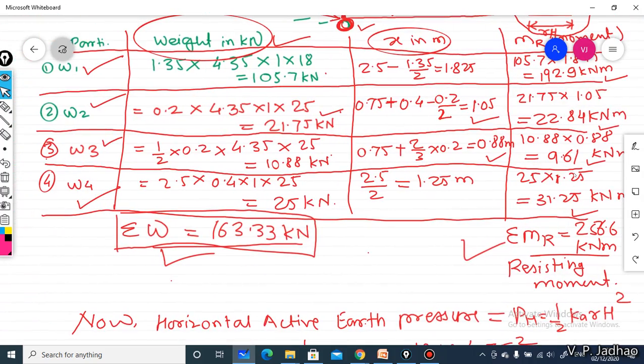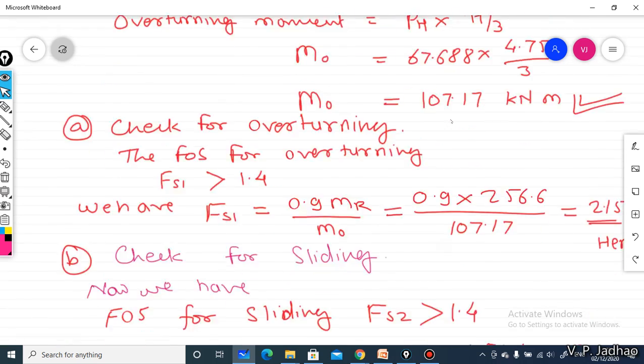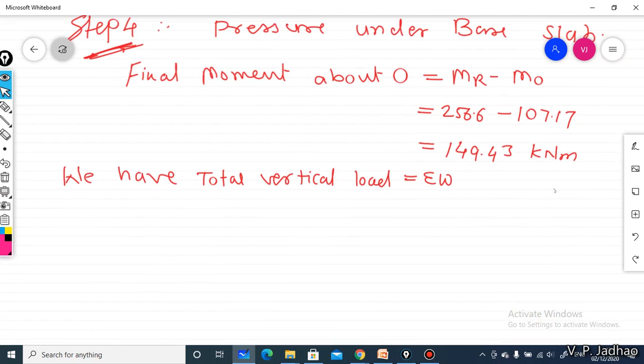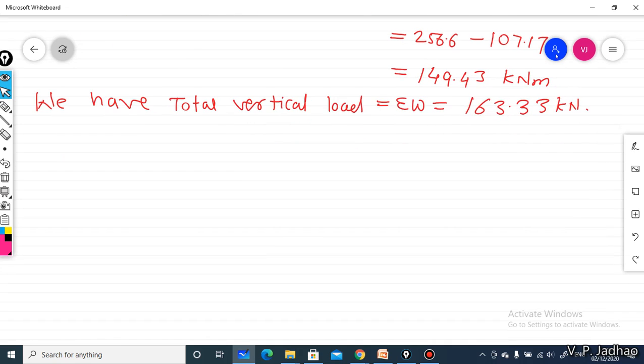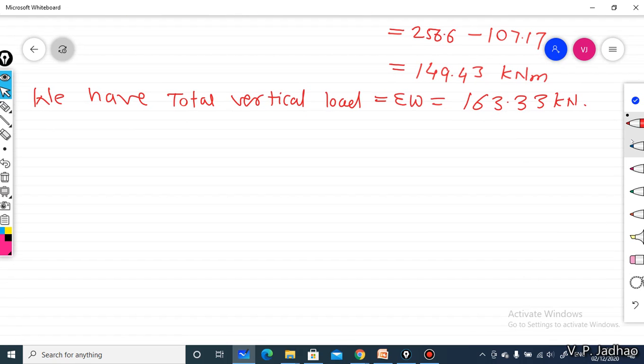This summation of W is 163.33, so just write down here: summation of W is equal to 163.33 kilonewton. Okay, now the horizontal distance of the point where the resultant force will intersect the base, with respect to your point O, that we have to locate.